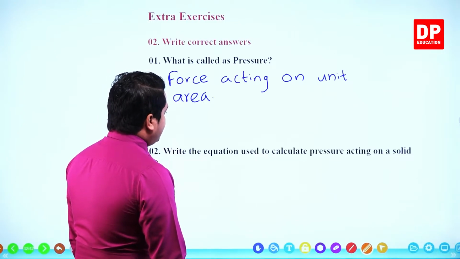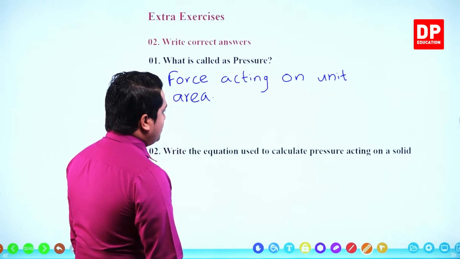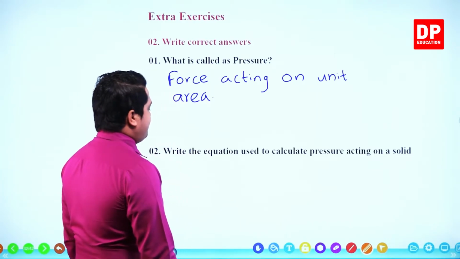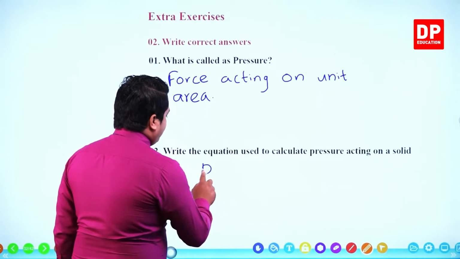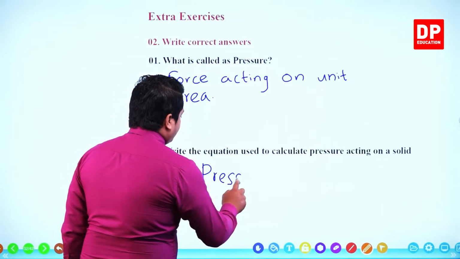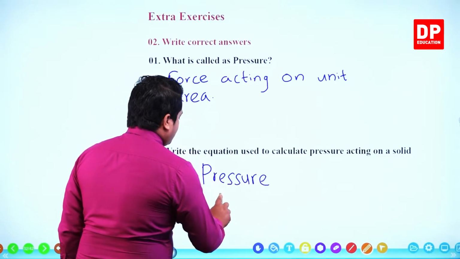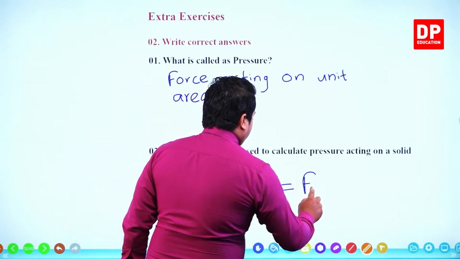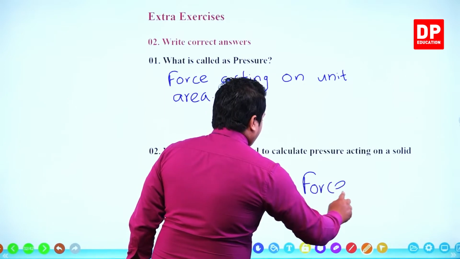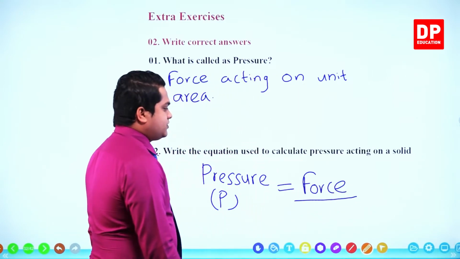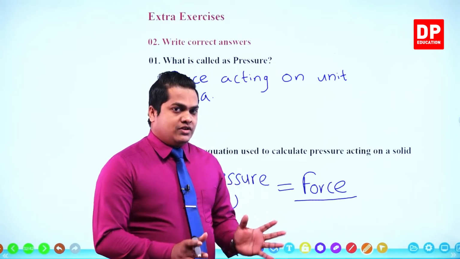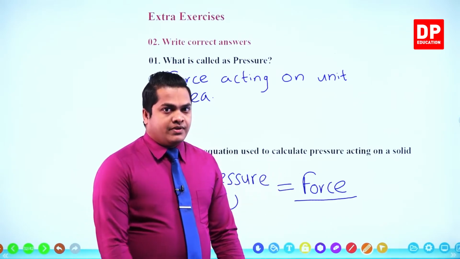Next one, write the equation used to calculate pressure acting on a solid. So it's really simple. Pressure is equal to force. You know it's perpendicular force. I have told you several times that within your syllabus, definitely you will be given perpendicular forces.